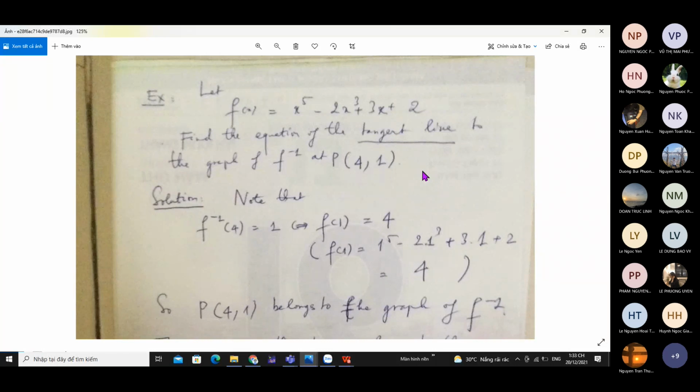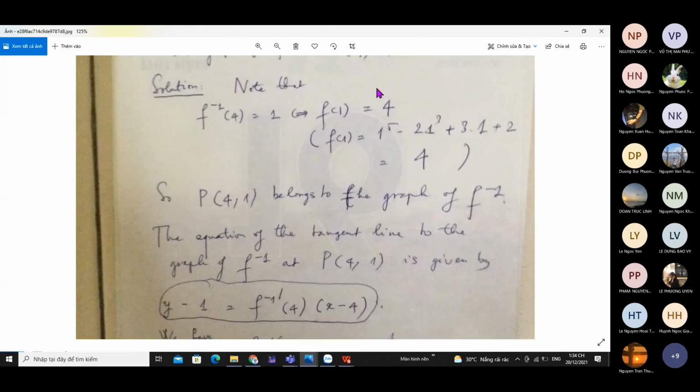I did it for you already: 1 minus 2 plus 3 plus 2, so 6 minus 2 gives you 4. So f of 1 equals 4, and that's why f inverse of 4 equals 1. It means P belongs to the graph of f inverse, right?